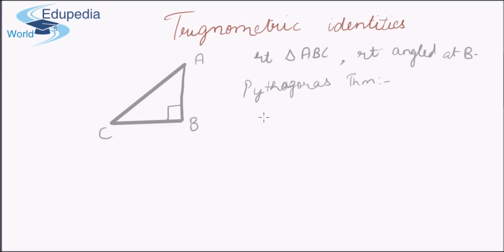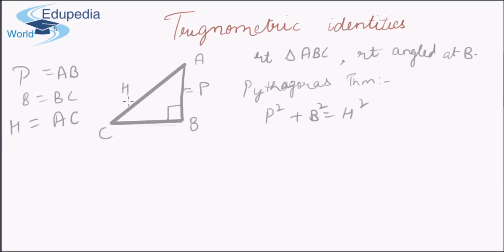Now by Pythagoras theorem we have perpendicular square plus base square equals hypotenuse square. Here perpendicular is AB, base is BC, and hypotenuse is AC. So by Pythagoras theorem we have AB whole square plus BC whole square equals AC whole square.